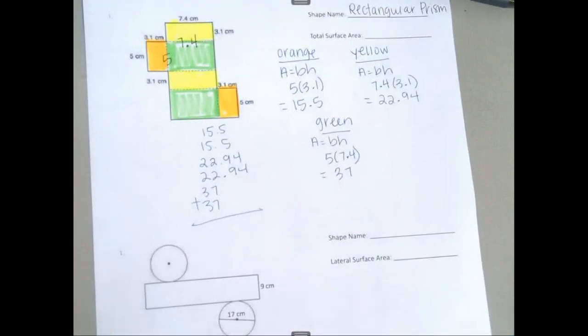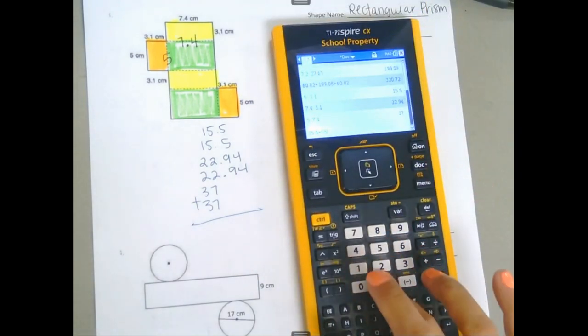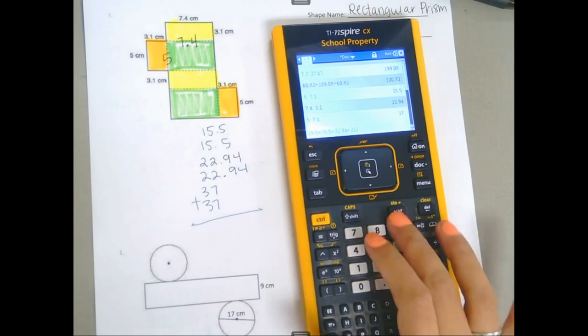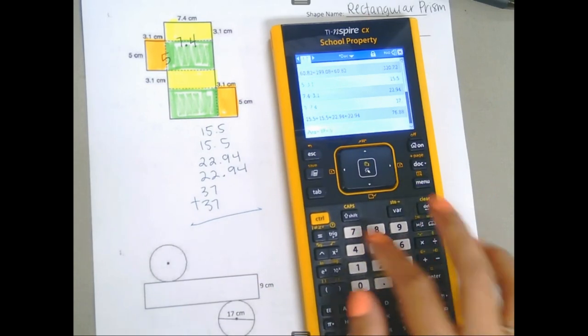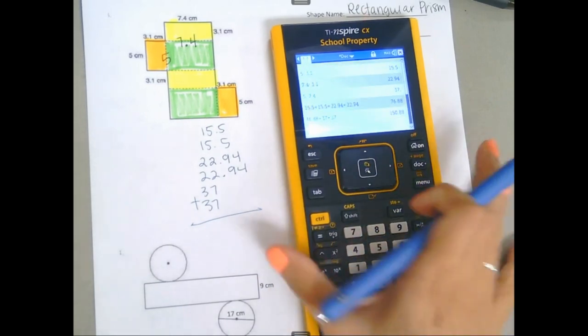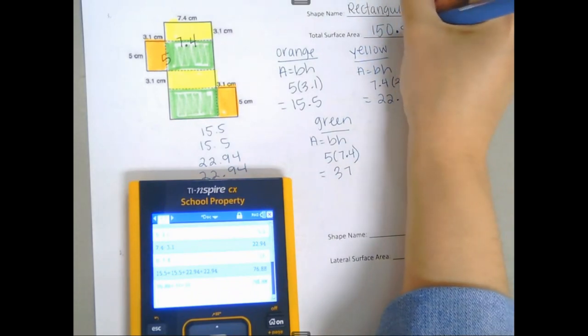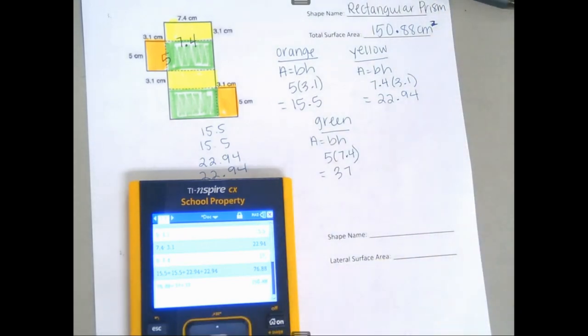And I'm going to add all of that up to get my total surface area. So I should get 150.88, and these are centimeters squared. Make sure that's a 2.